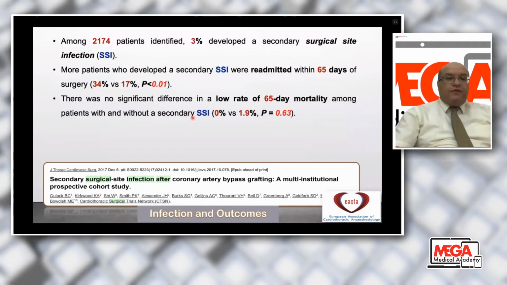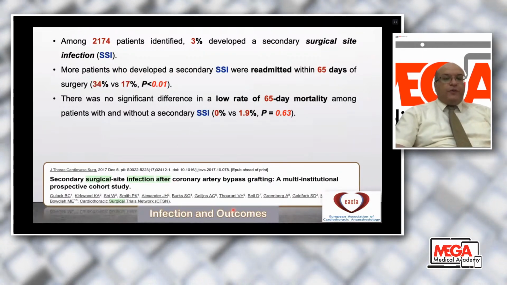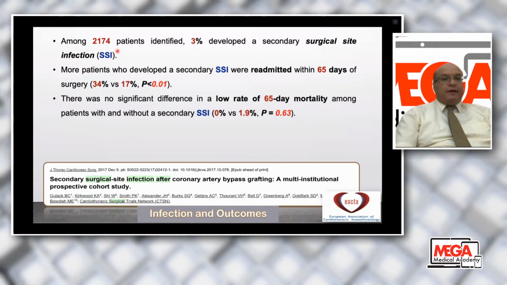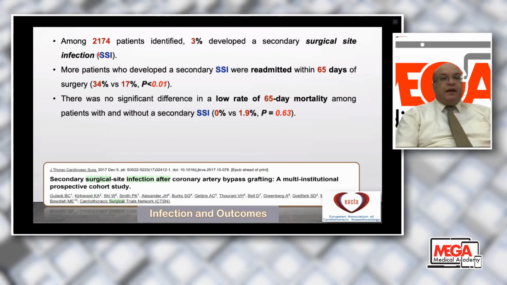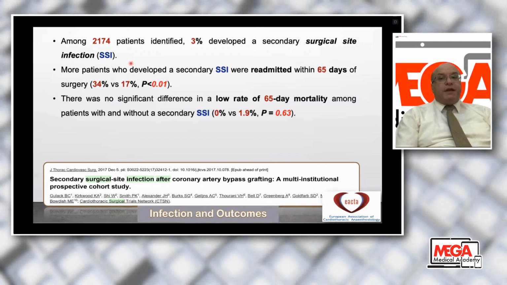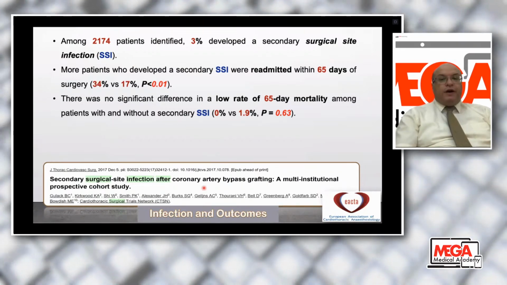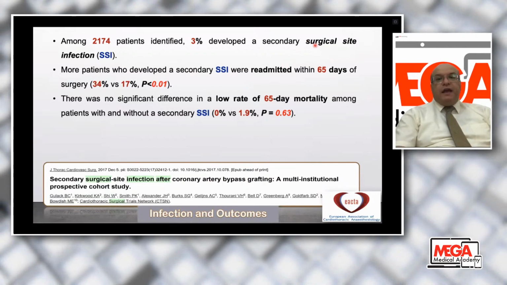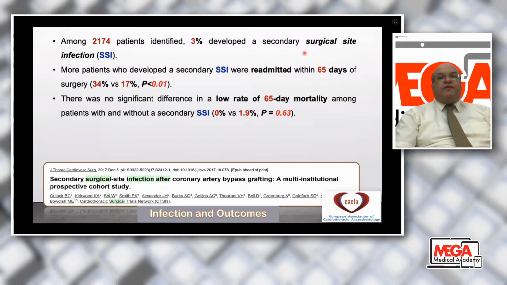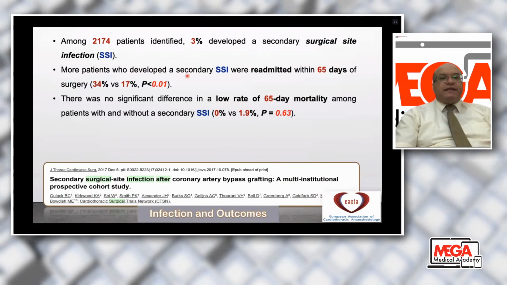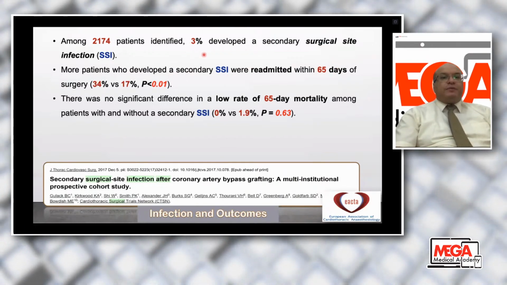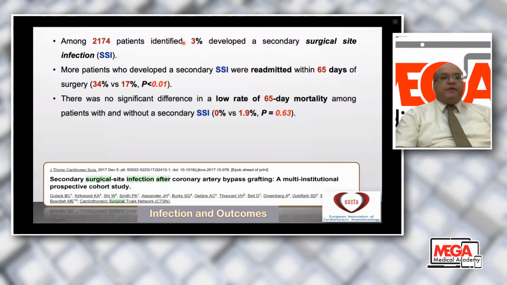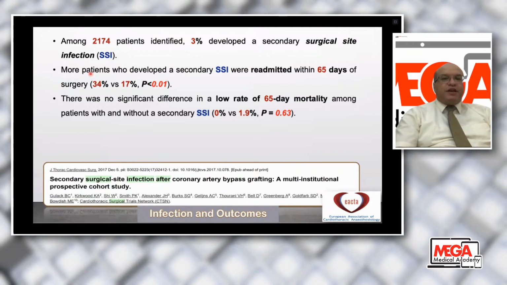So we have to look for other items for recommendation, infection, and outcomes. This study included 2,100 patients undergoing coronary artery bypass grafting, and the secondary outcome was the incidence of surgical site infection.